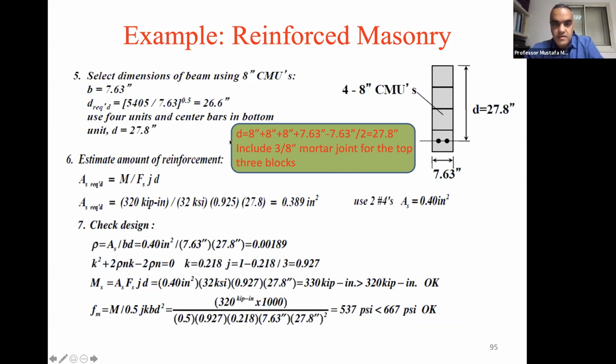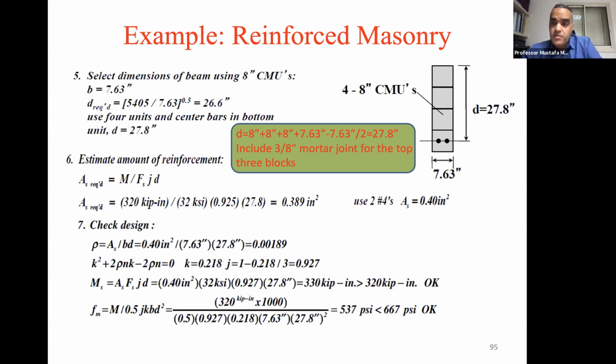That's why we can have 8 plus 8 plus 8, that's 24 inches, 3 units, plus 7.63, that's another one, because here this is the bottom of it, there's no mortar. And then the cover is 7.63.